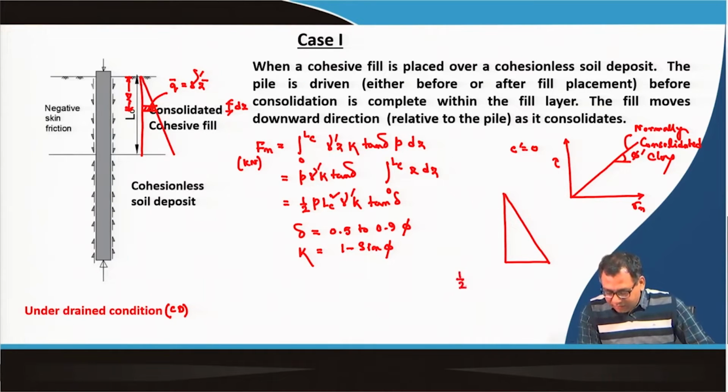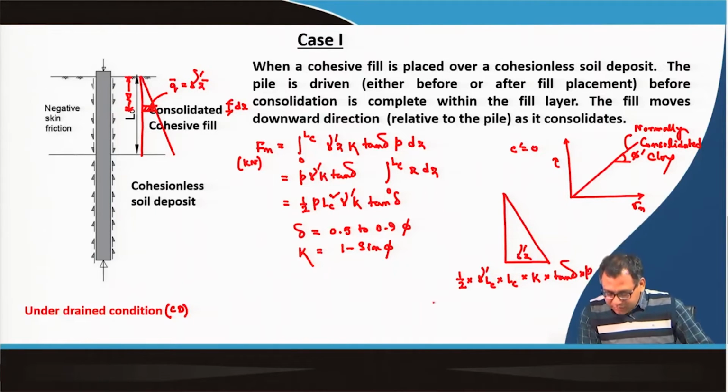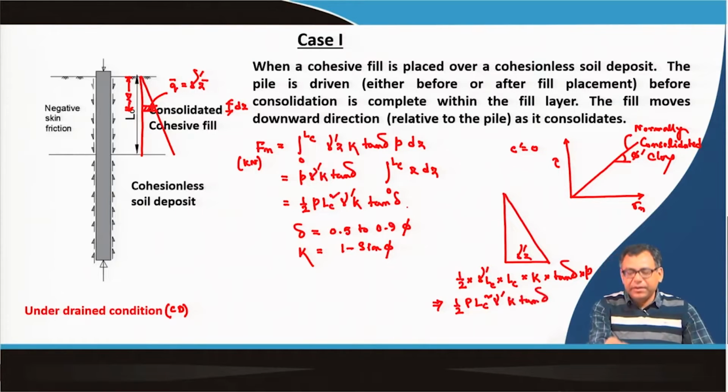So, it will be half into gamma dash z, because this is gamma z, I should write L_c here directly, gamma L_c into L_c, then the k, then the tan delta, then the total resistance into the perimeter. So, the same thing we will get, that is half perimeter L_c square gamma dash k tan delta. The same thing we are getting by doing the integration.